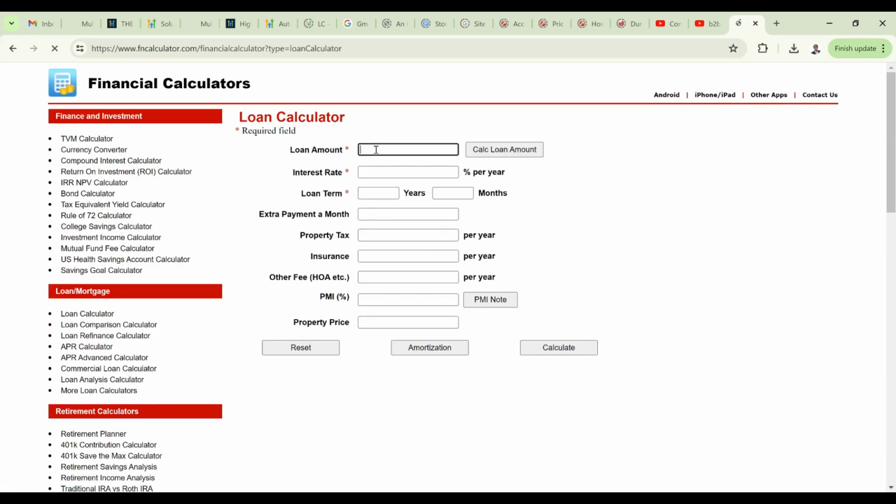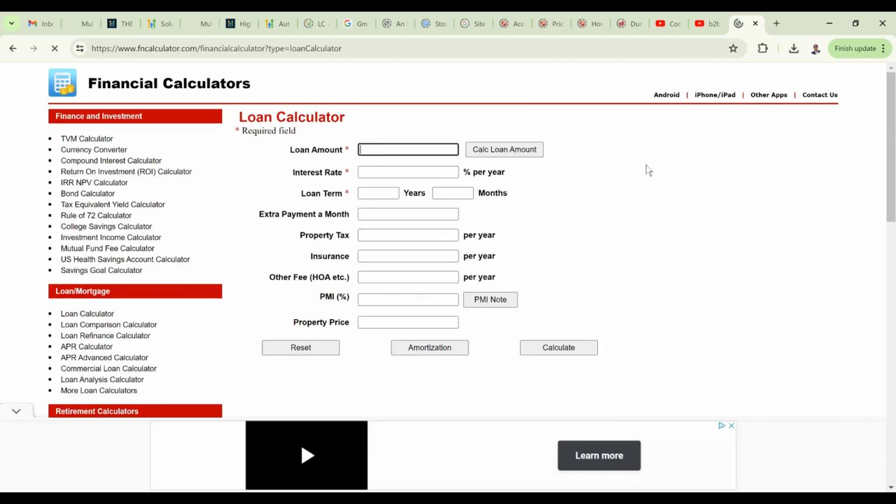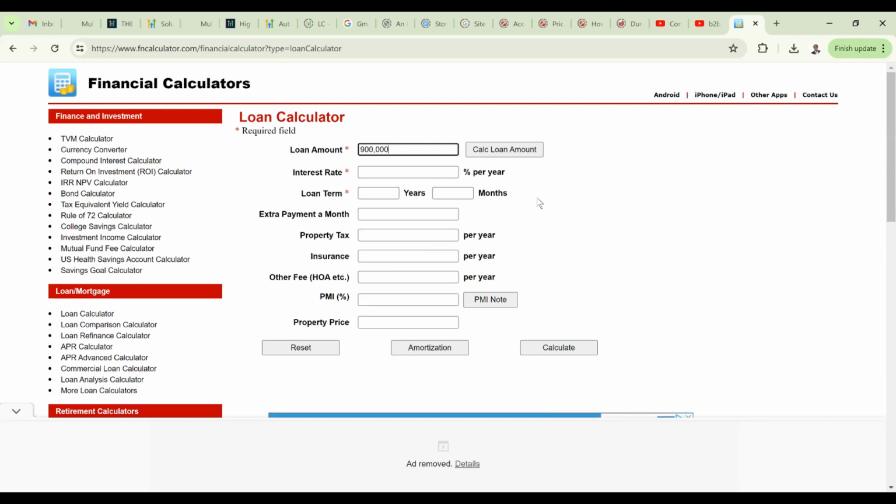So let's assume in the scenario I just discussed, we have a $900,000 loan. We have, let's say, a 7% interest rate, and we have a 30-year term. And you can do it by month, which is 360. Either way you do it, it's going to come up with the same. And then I calculate.